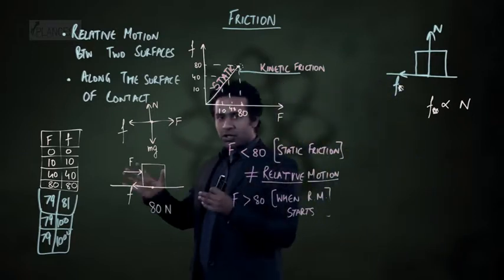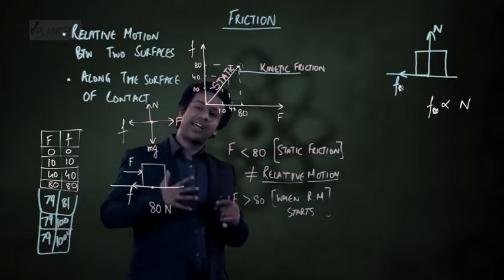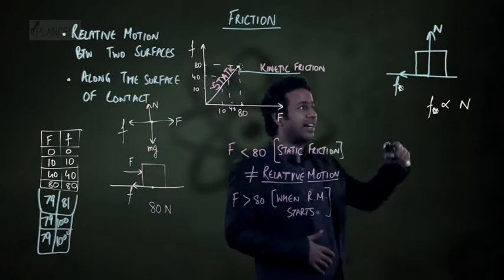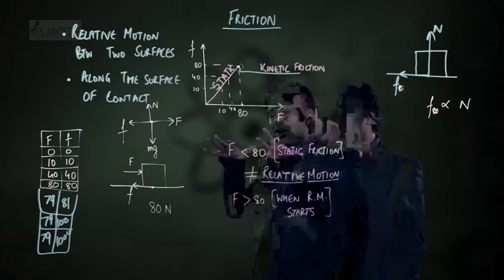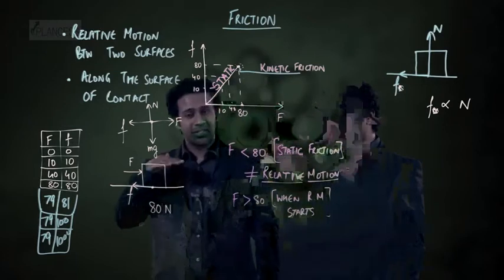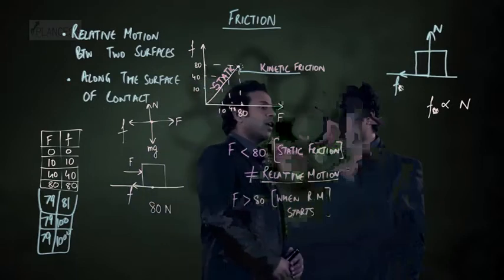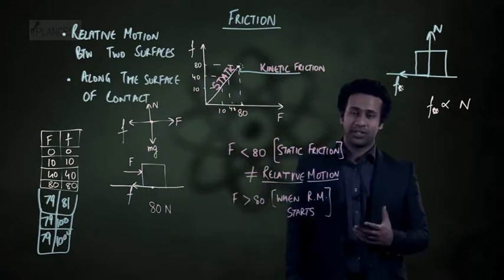So far we have understood that frictional force acts to oppose a relative motion, and we saw that frictional force depends on normal reaction. We also saw that it will always act along the surface of contact. Right. So now you know that to remove proportionality we have to add constants.